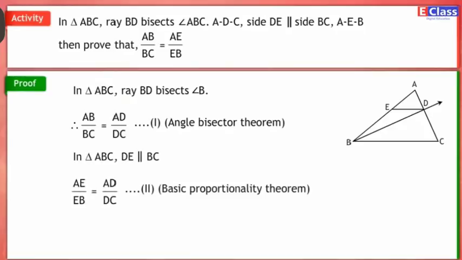AE upon EB is equal to AD upon DC by basic proportionality theorem. Let us mark it as statement 2. AB upon BC is equal to AE upon EB from statements 1 and 2.